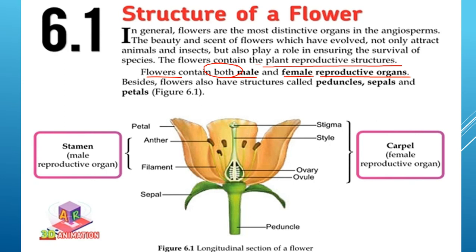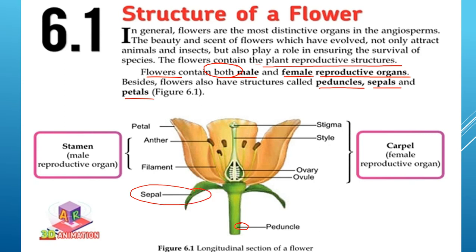Flowers also have structures called peduncles, sepals, and petals. In this figure, this is a longitudinal section of a flower. This is the peduncle, and this is what we call the sepal.